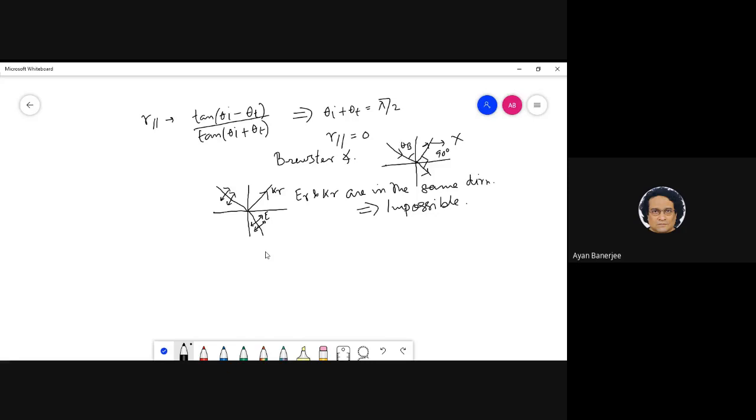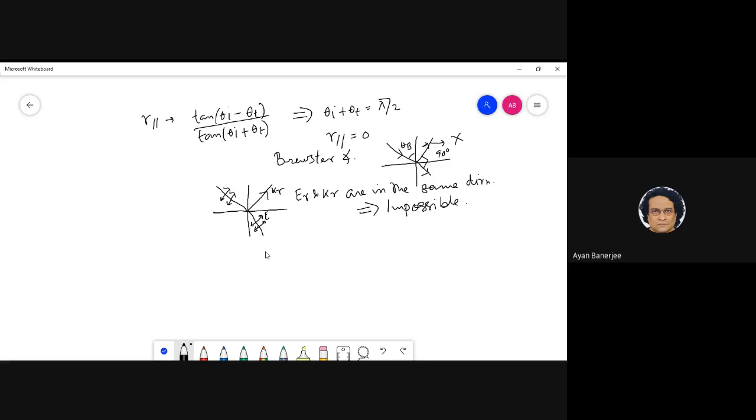These are dielectrics, so the electrons are bound to atoms and have some vibration frequency. When the electric field comes, it acts as an externally driving force, and depending on the polarizability or susceptibility of the medium, the electrons will start oscillating.